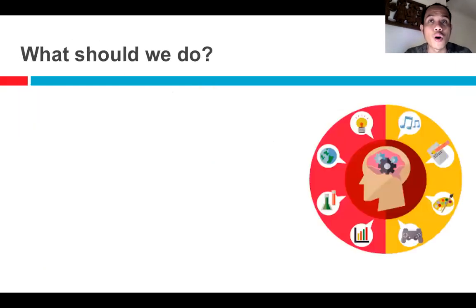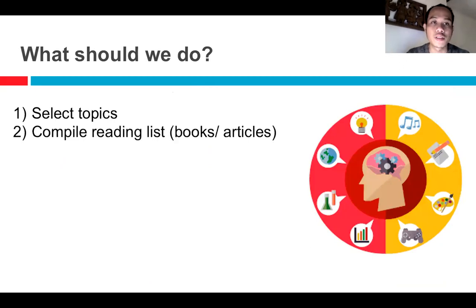So what should we do when we are going to write a research proposal for theses or dissertations? First, you need to have a topic that you are going to conduct for the research. And then what else?